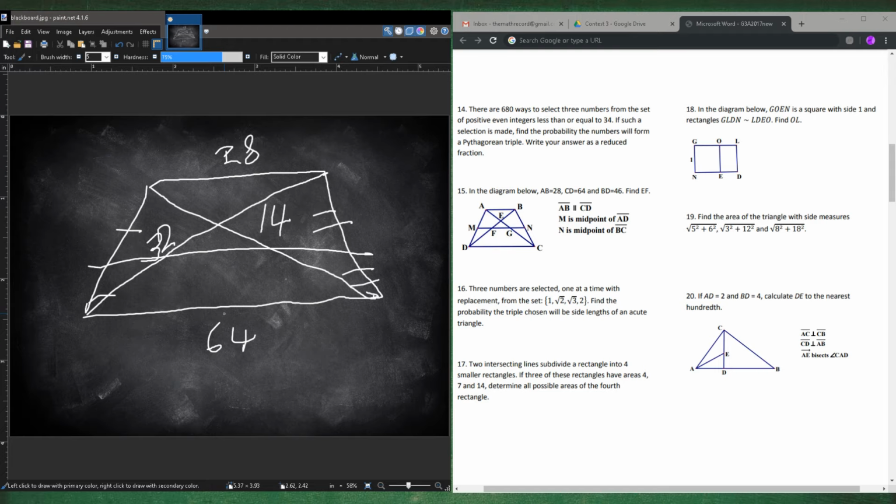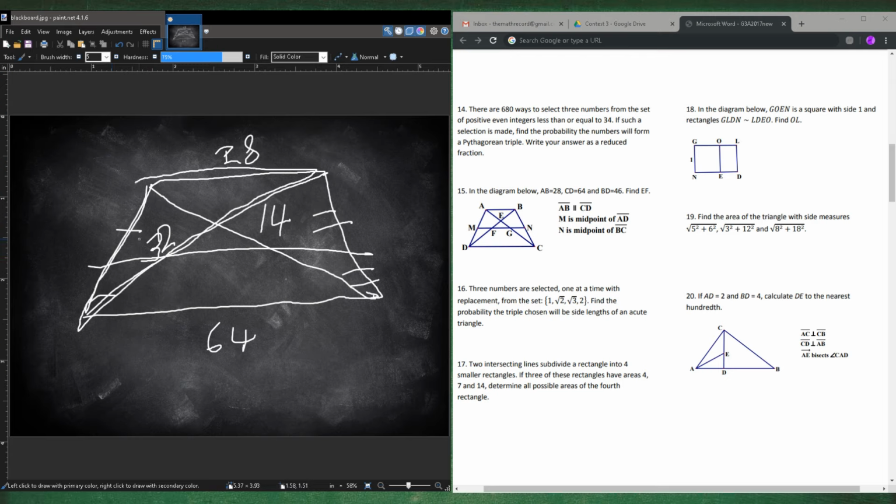And now basically, we just need to look at this other triangle. Now we just need to find EF. So how do we do this? Okay, so we know this is equal to this. So basically, we're just gonna use this triangle now.